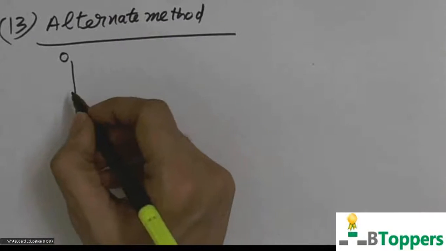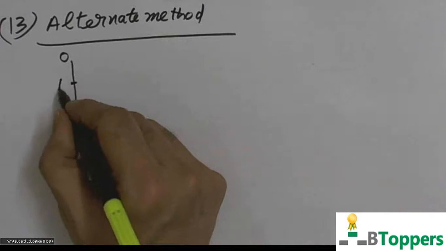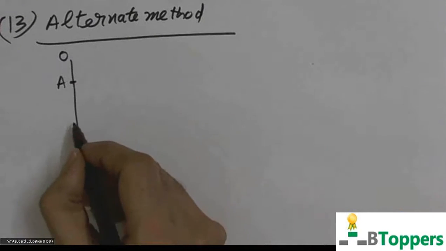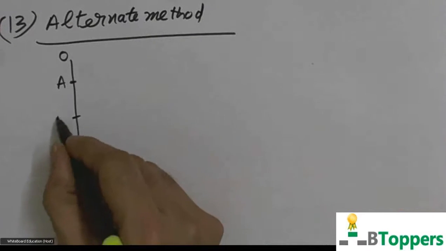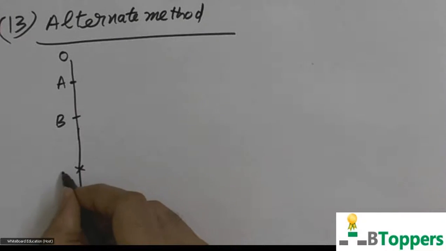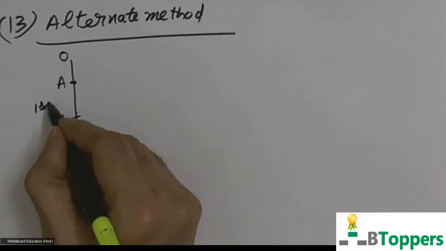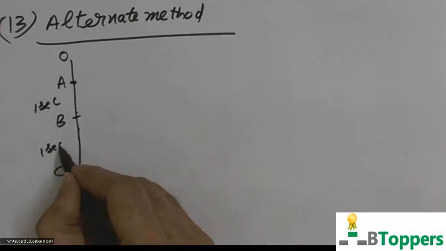Let us suppose the body starts falling from rest from the point O. Let the body travel from A to B and B to C. That means it travels from A to B in 1 second, and from B to C in the next 1 second.